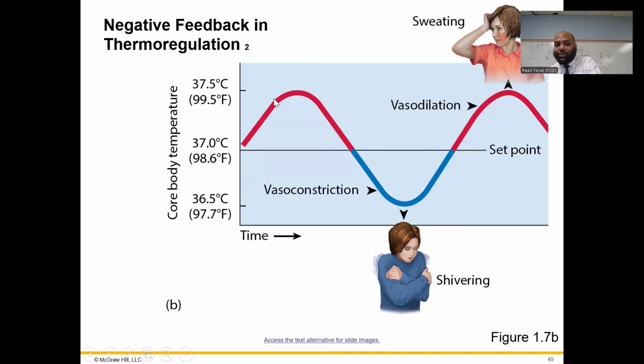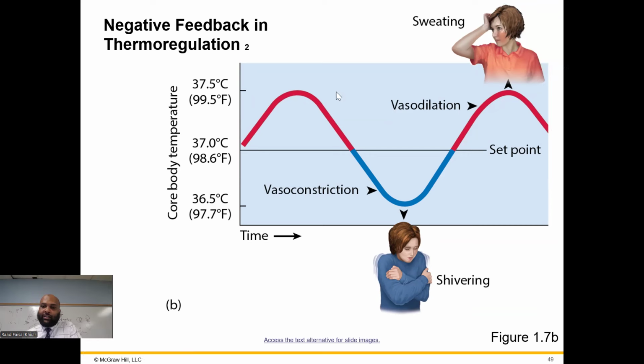Okay, so that shows you this is a set point, 37 degrees Celsius. Now the temperature, if it goes up to 37.5, that's an example of hyperthermia. So that's euthermia, that's hyperthermia. We replace the hyperthermia with vasodilation and then sweating.